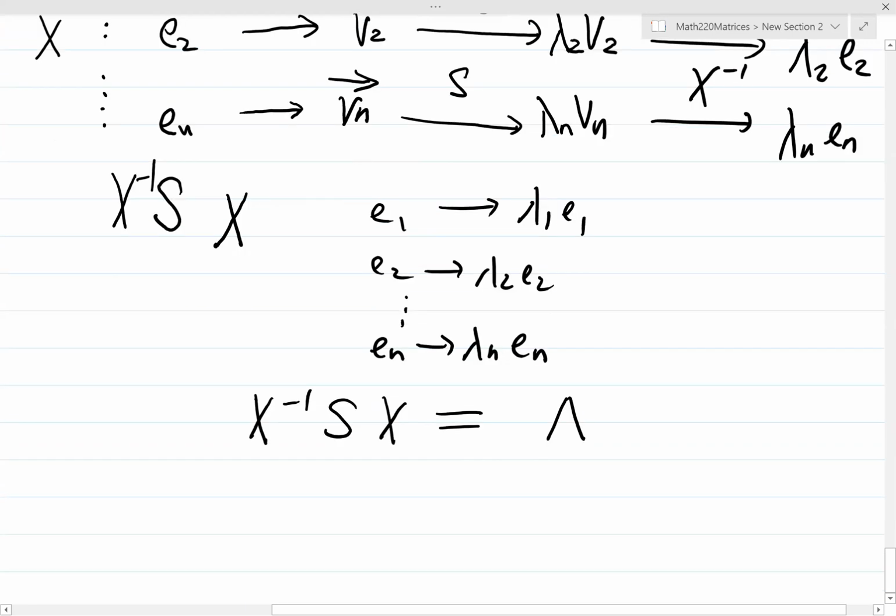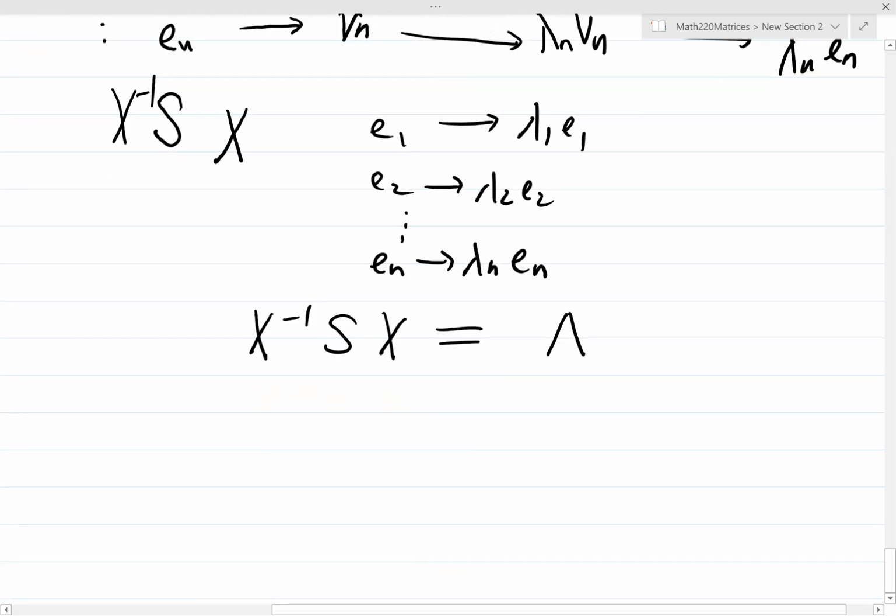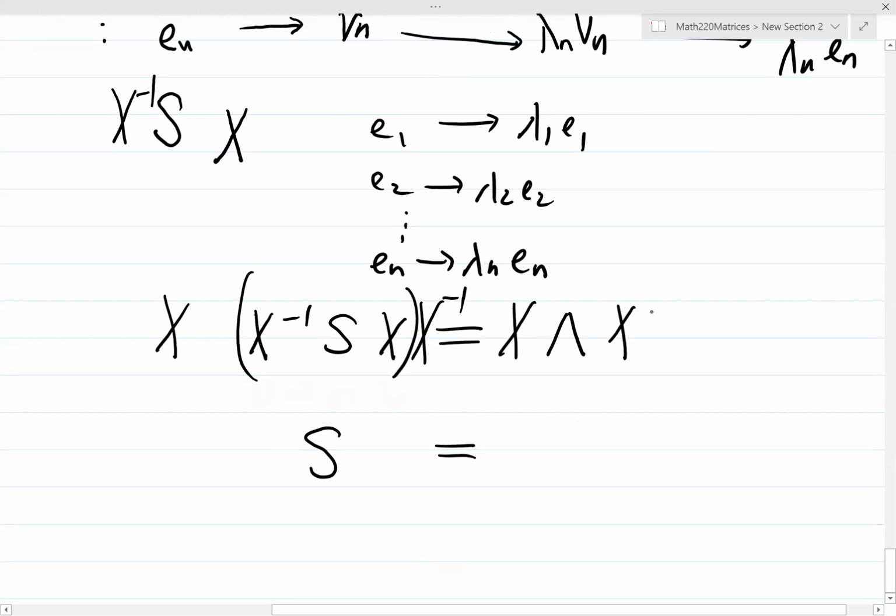Then we solve for S: multiply by X on the left and X inverse on the right. So we get S equals X gamma X inverse.